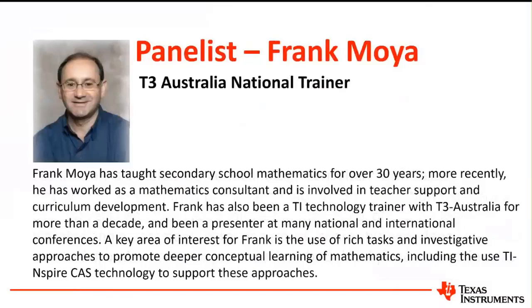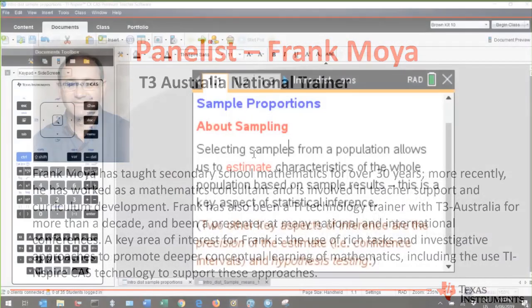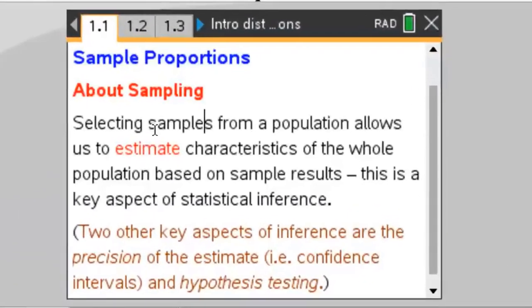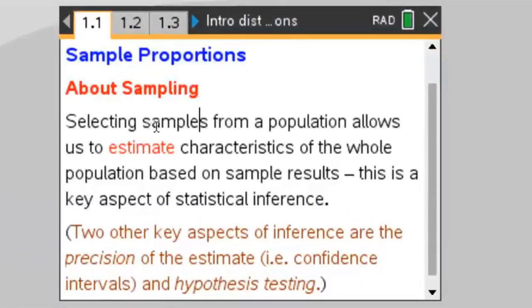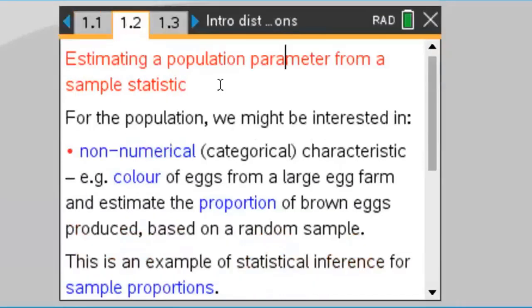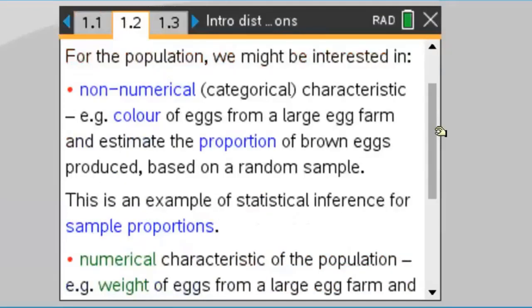Okay, so good evening and welcome everyone. First of all, I'm going to be talking about sample proportions and sampling generally. The reason that we often take samples is in order to estimate characteristics of the whole population based on sample results. Typically, the characteristic that we might be interested in might be a non-numerical one, such as the proportion of brown eggs produced in an egg farm based on random samples.